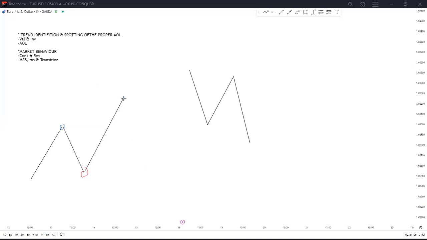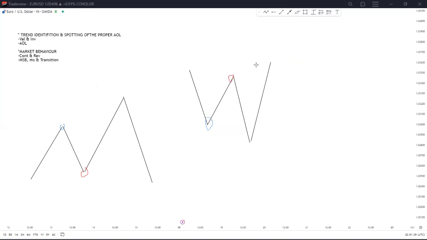Likewise on the downtrend, we expect the market to respect the previous lower high and break the lower low. If the market becomes able to close above the lower high, then we expect that the market was able to break the downtrend rules. So for that reason, this is the reversal.